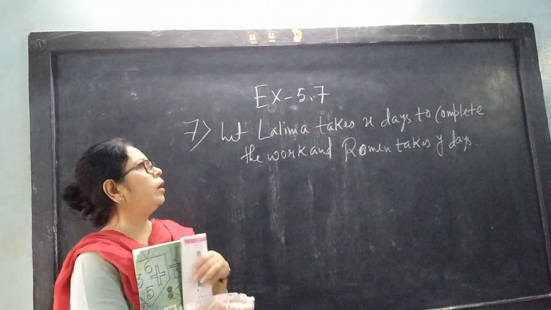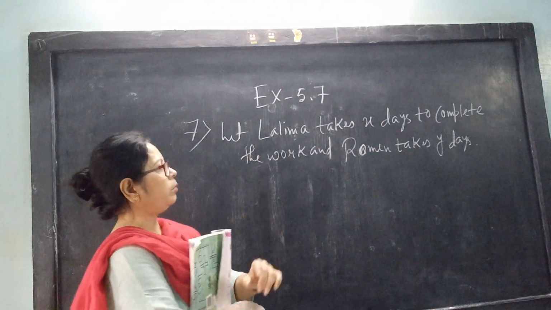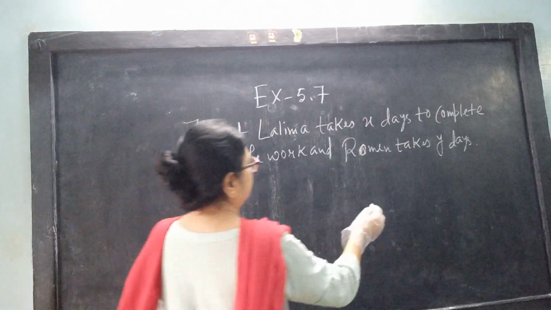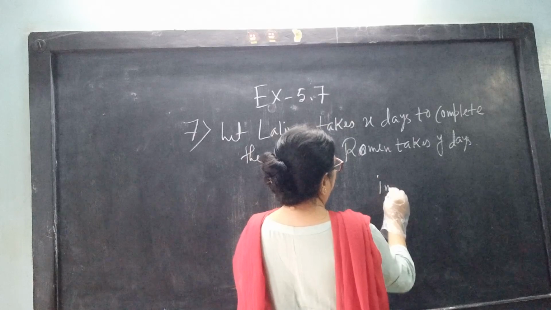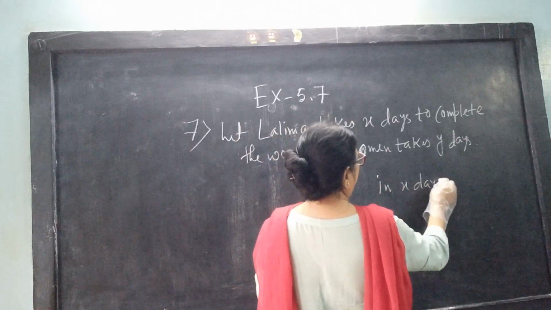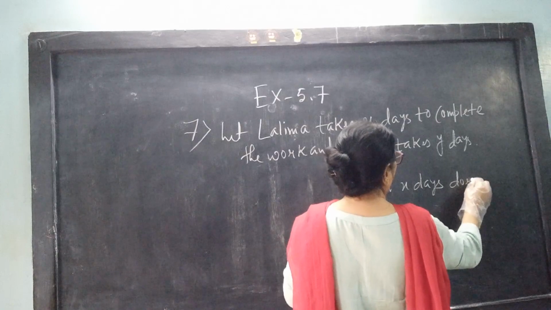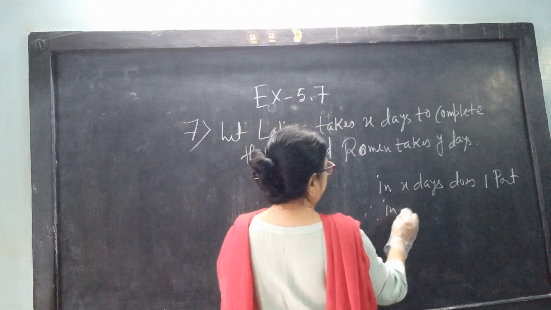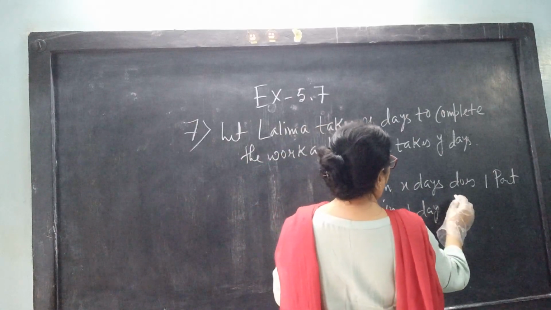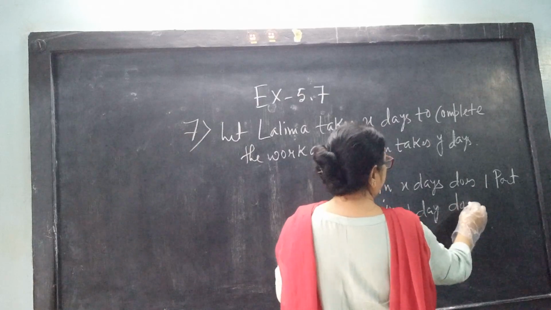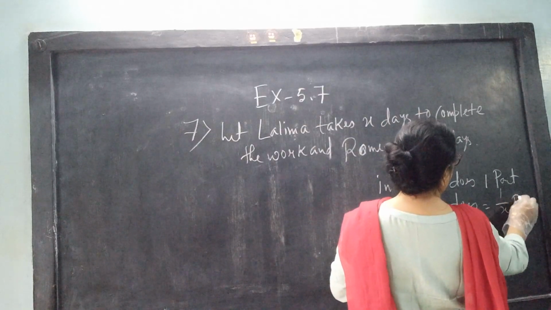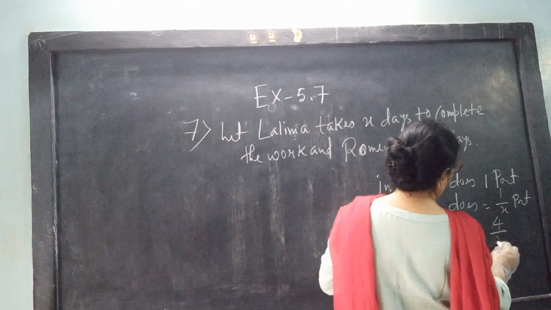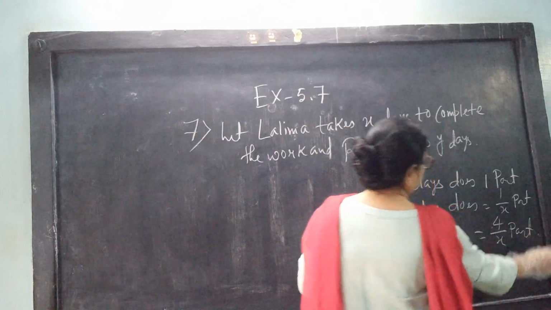So in 4 days, what part of work will be completed by Lalima? 4 by X. If anyone completes one part, or full work, in X days, then in one day that person will do 1 by X part, and in 4 days it will be 4 by X part.